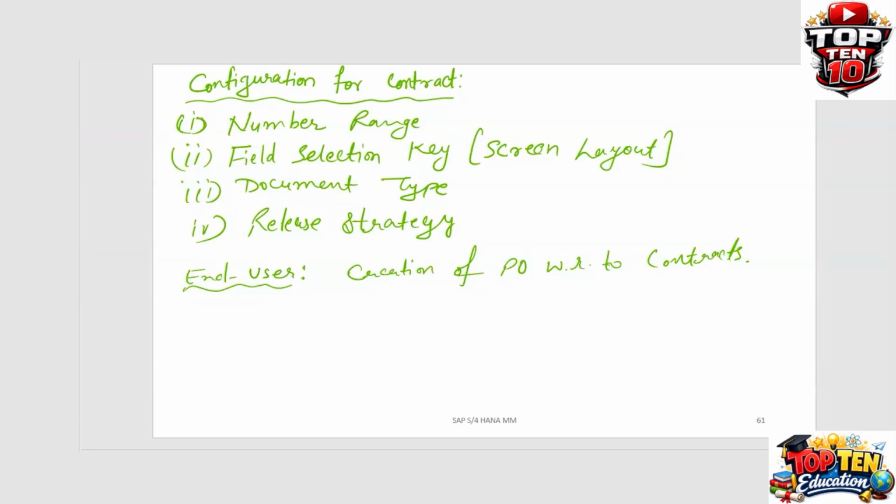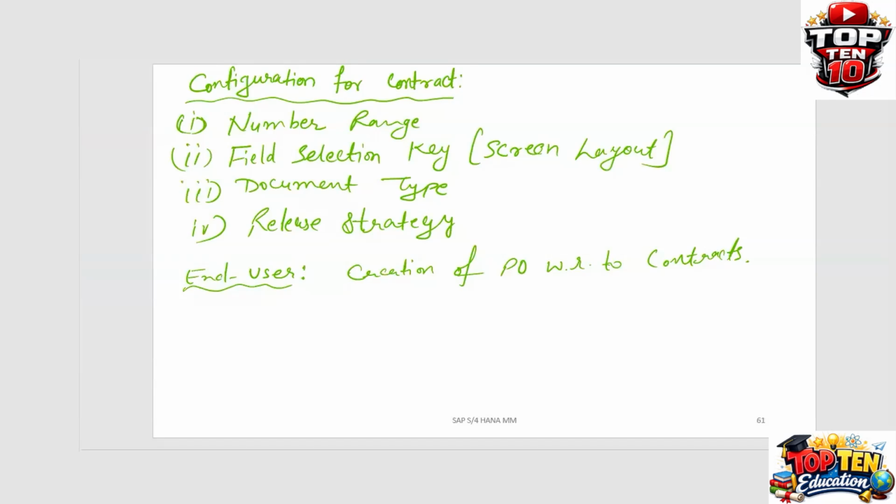If you would like to change anything, then what to do? Where to go? Click on this line item. Net order price is available. Reminders, tolerance case, and text code. This data is coming from the purchasing info record. Now try to save. Yes.